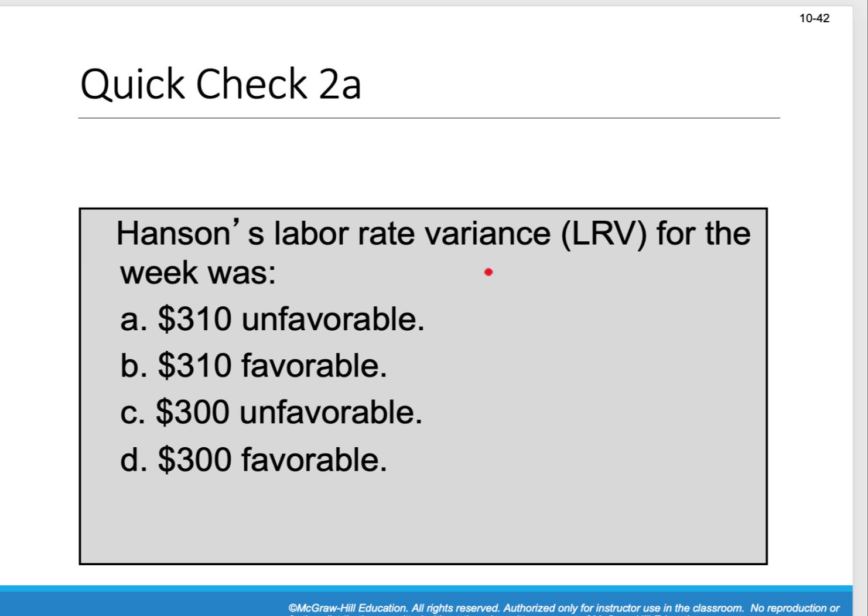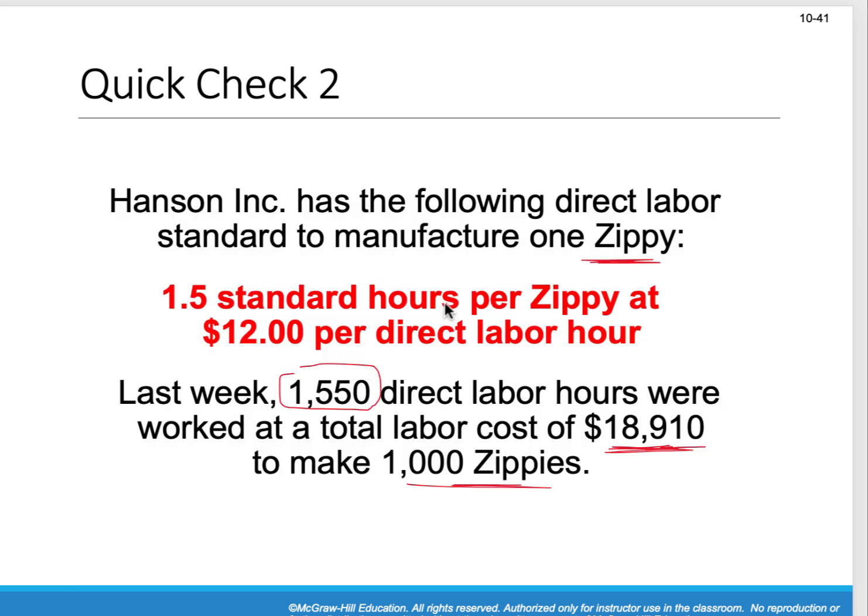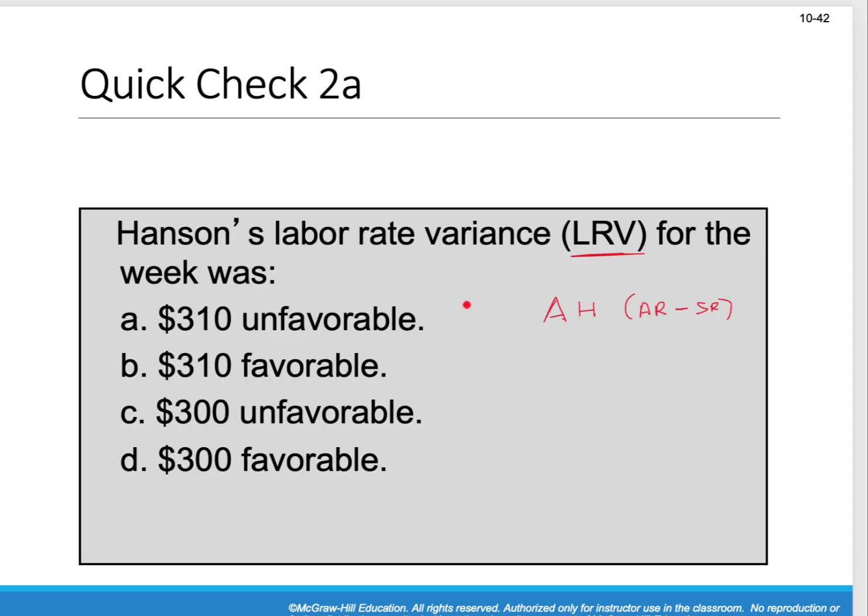Well, remember, to calculate labor rate variance, what equation do we need? We need the actual hours multiplied by the actual rate minus the standard rate. Well, if we look back, we know that the actual hours were 1,550.